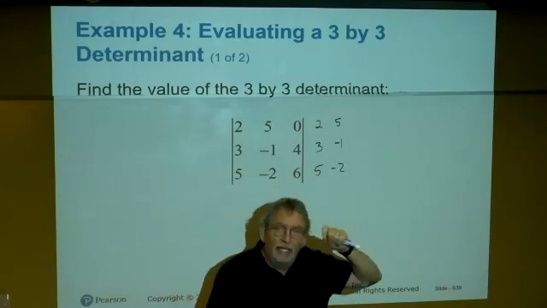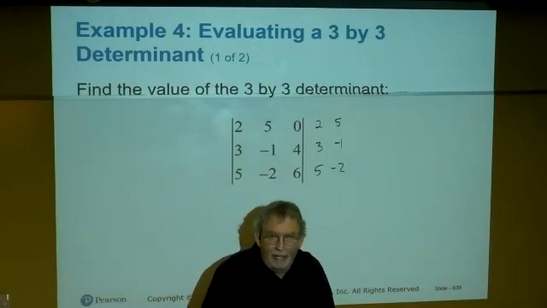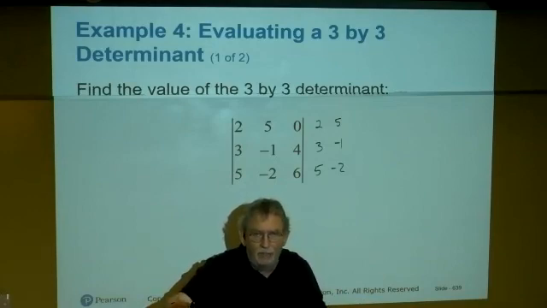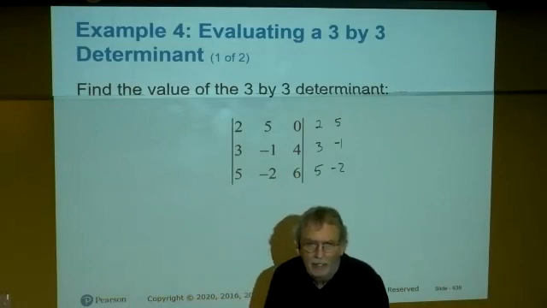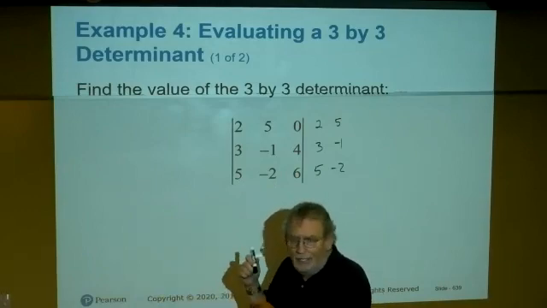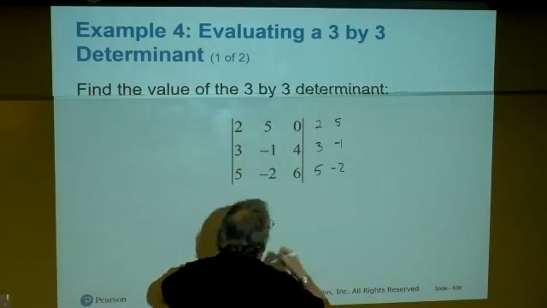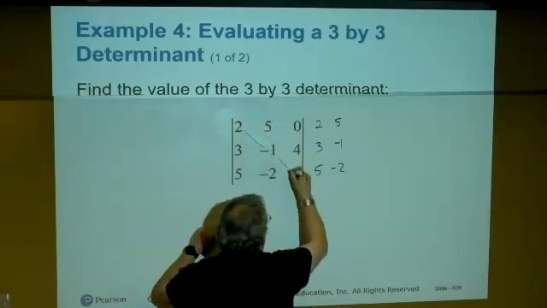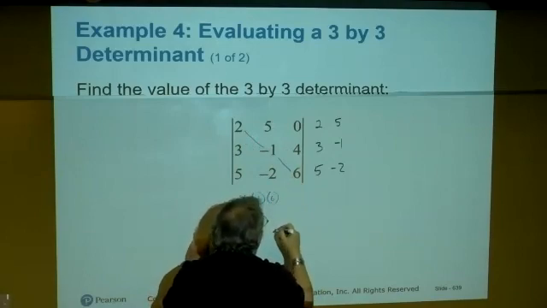Because I'm going to be looking at the diagonals. I have the main diagonal and its associated diagonals. And then I have the opposite of the main diagonal and its associated diagonals. And so the reason I extended these over here is because then I look at this diagonal, which is 2, -1, and 6.